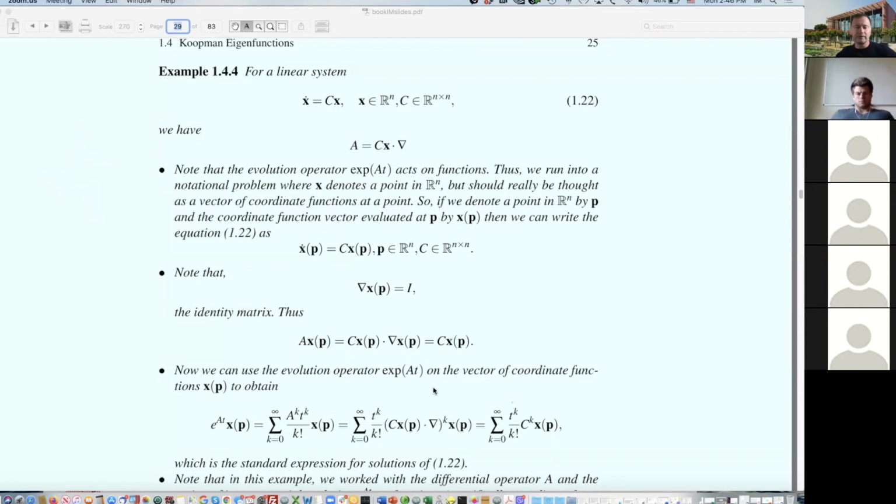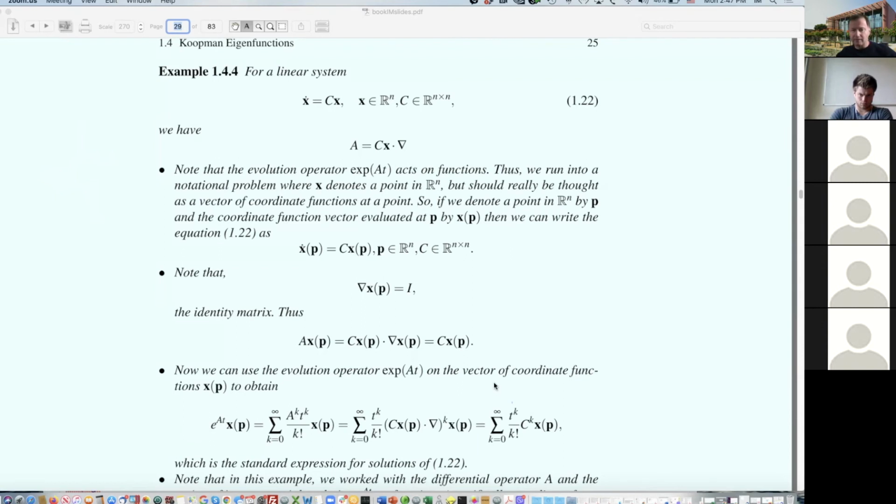So far, so good. So now let's use the expansion e to the At on x at p. This is actually what we mentioned is U^t, the action of the Koopman operator on functions x. That expansion is the sum of A to the k, t to the k divided by k factorial, acting on x. So again, let's write out A. That's Cx dotted with grad.